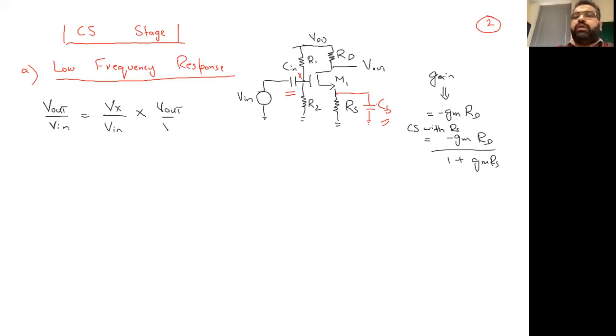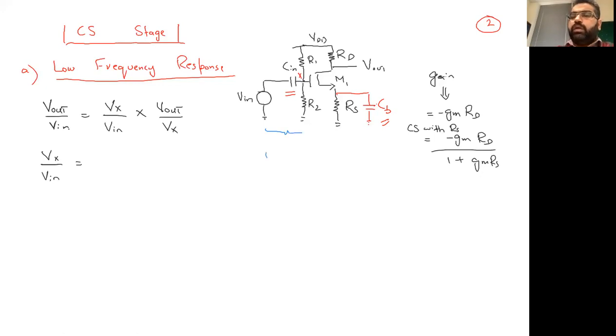Okay, so we can do this. We can separate my Vx by V in as something equal to, so here R1 and R2 are in parallel, and then there is a Cin being applied here. So it's somehow voltage division. If you want, I can simplify this thing in blue. So I'm just simplifying this part.